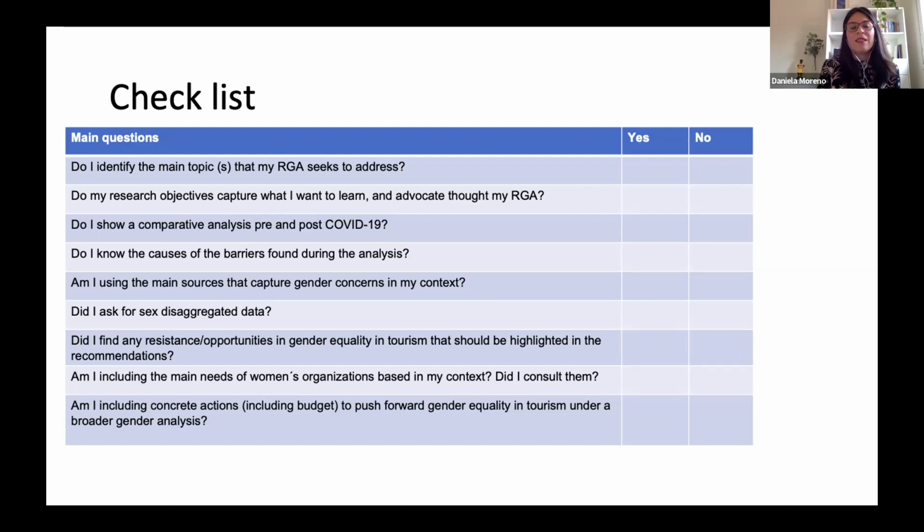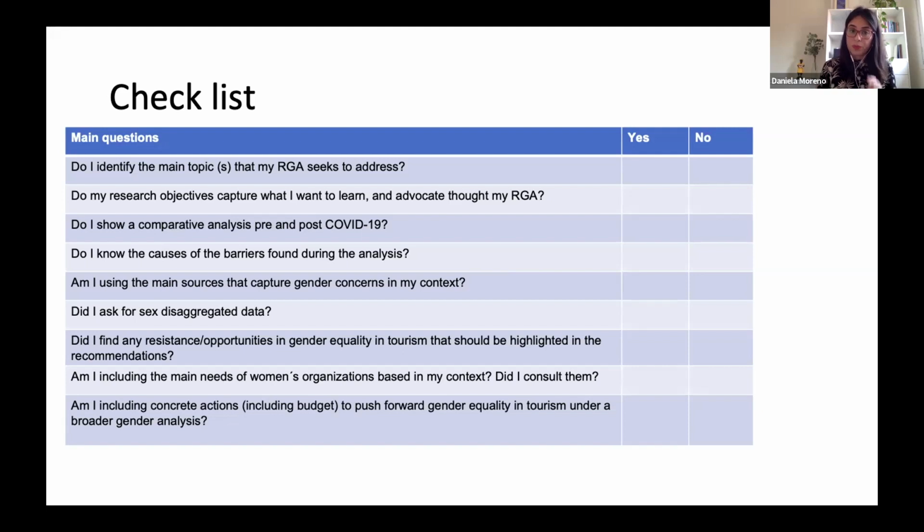Okay. The third question is, do I show a comparative analysis pre and post COVID-19? This is a very important question. This is one of the main priorities of the CenterStage project, right? We really want to emphasize the importance of comparative analysis pre and post COVID-19, because we really want to know what is happening in tourism from a gender point of view to restart tourism.